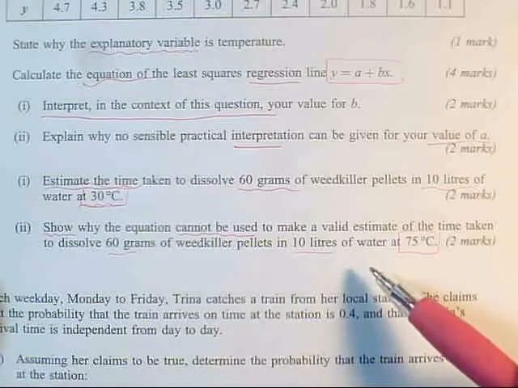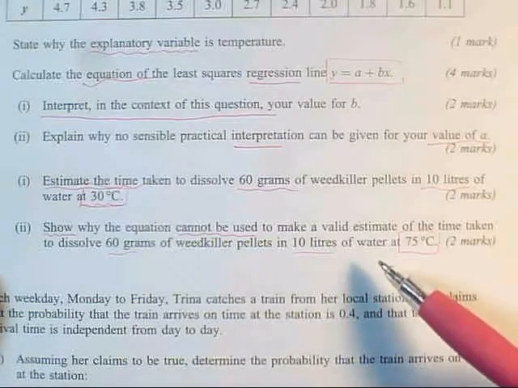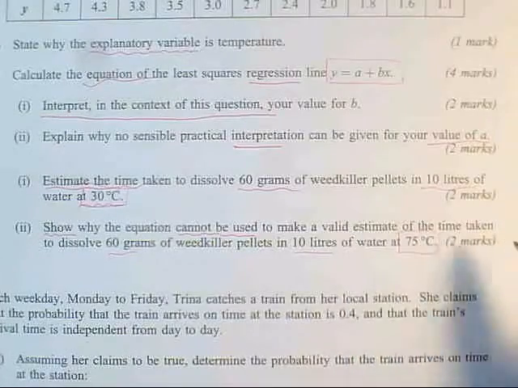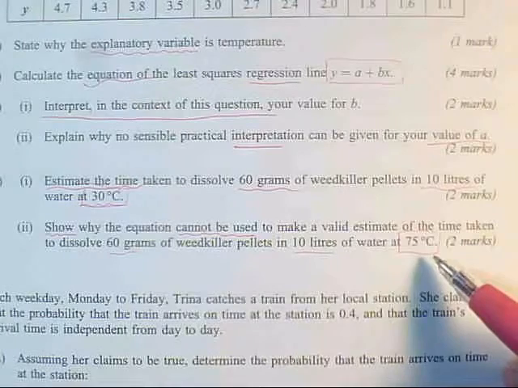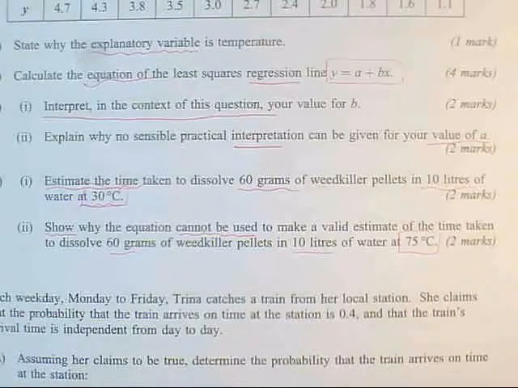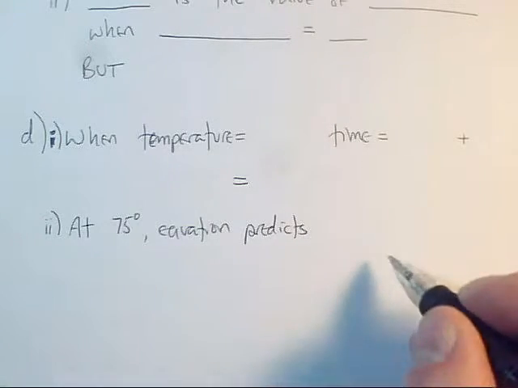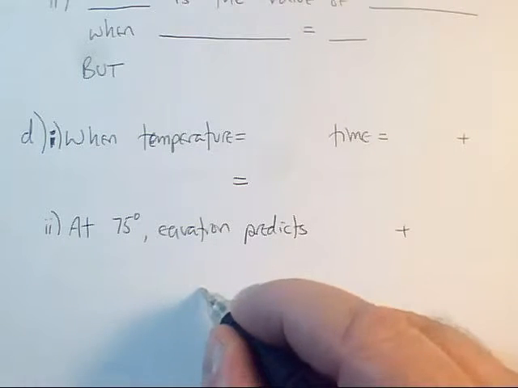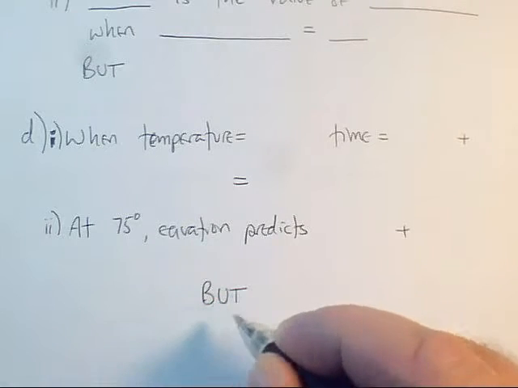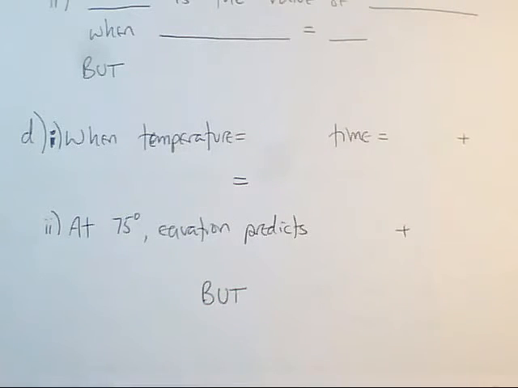So watch out for these. Sometimes it is commenting on extrapolation. Here, the word extrapolation will get you nowhere. You need to do something with this 75 degrees and comment on the answer you get. So you're going to say at 75 degrees, you're going to do your prediction for the value, just as you did before, but then you're going to say the big but, and explain why this cannot be valid.